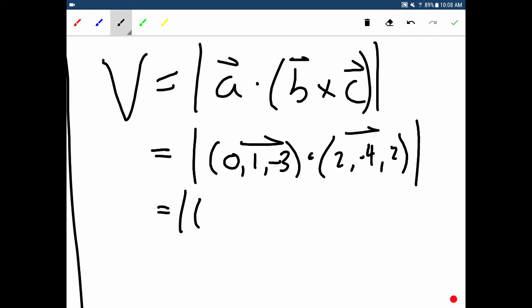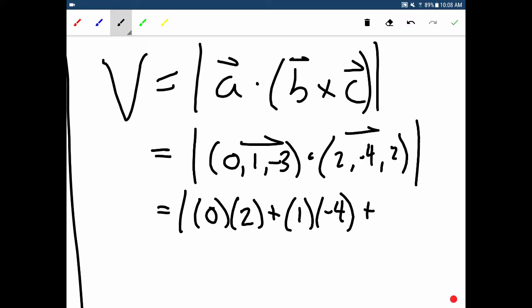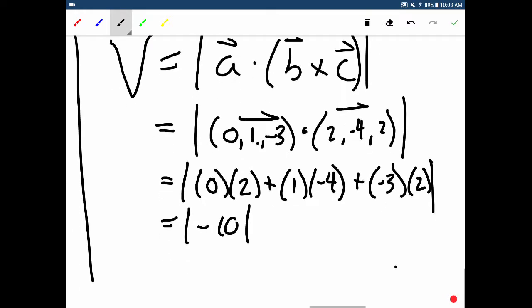It's 0 times 2, plus 1 times -4, plus -3 times 2, which gives us -10. And as I say, that doesn't make any sense, so we drop the negative and we just get 10. Okay, and that's it.